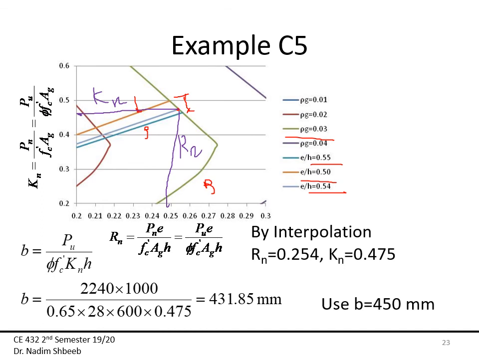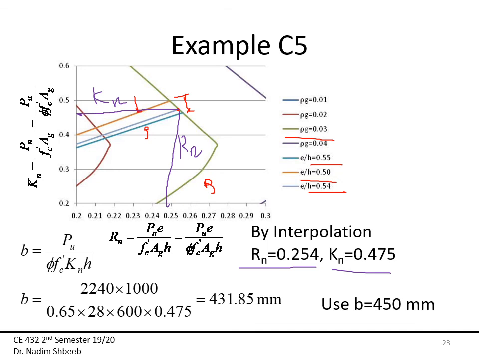Usually I go for Kn because it is, I guess, less work, right? One less number to multiply by. But whether you choose Kn or Rn, you will get the same answer. In my case, I just showed you that if you use Rn, you get 0.254. Kn will be equal to 0.475.